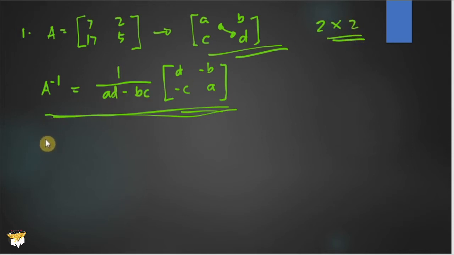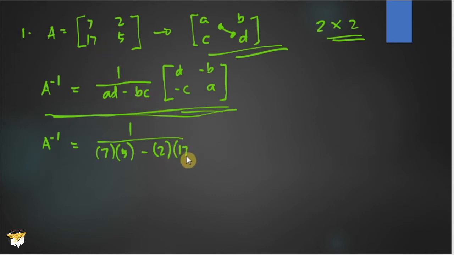Now, representing, we have the inverse of matrix A is equal to 1 over A, of course, is 7. So, that's 7 times D, which is 5. So, 7 times 5. Then, minus B, which is 2, times C, which is 17.